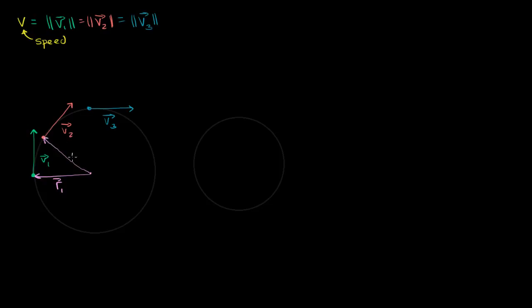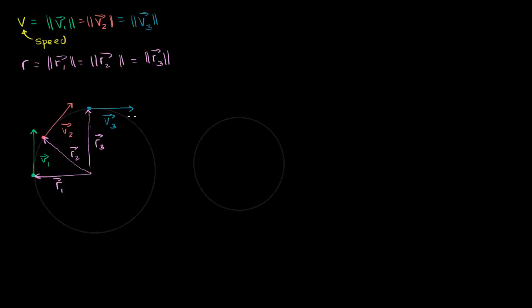That's position vector r2. And that is position vector r3. But the magnitude of our position vectors are clearly the same. And I'm going to call the magnitude of our position vectors r. And that's just the radius of the circle. It's this distance right over here. So r is equal to the magnitude of r1, which is equal to the magnitude of r2, which is equal to the magnitude of r3.